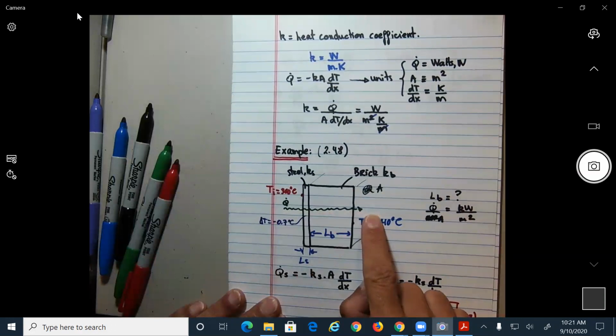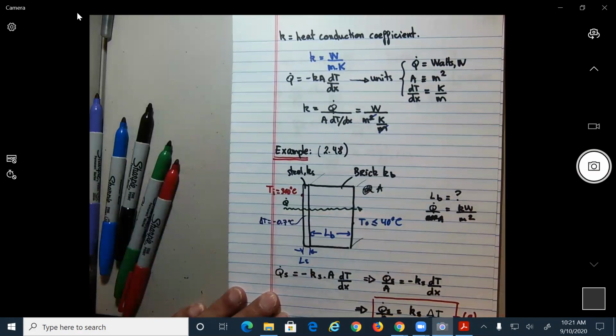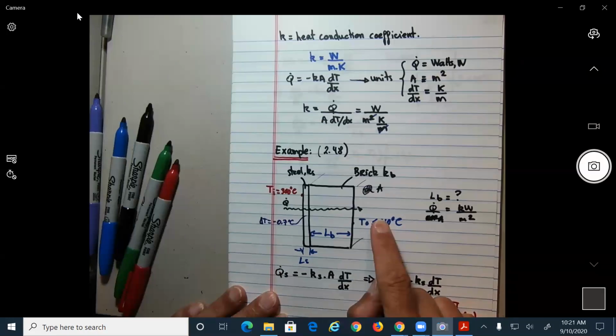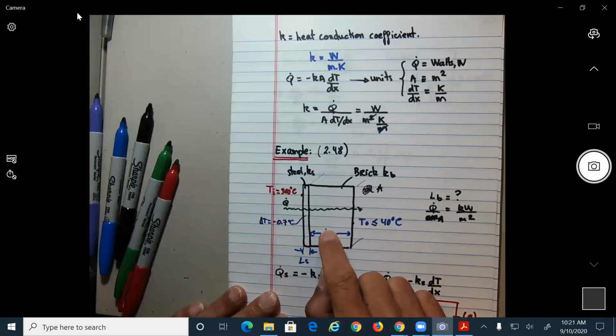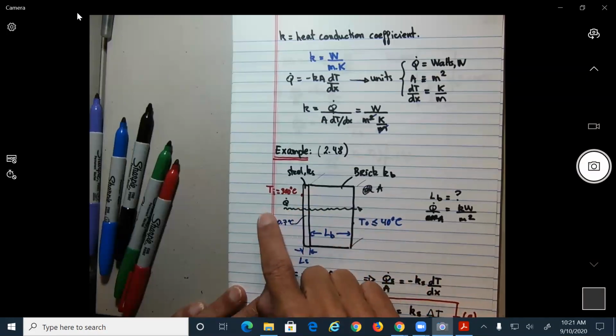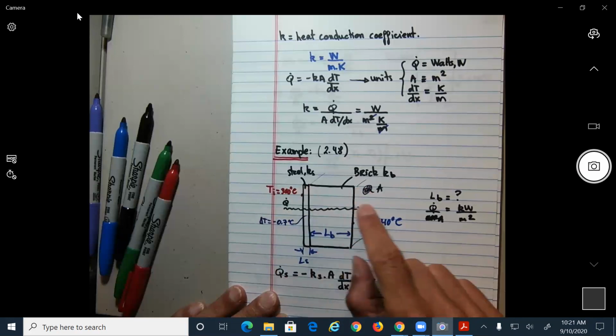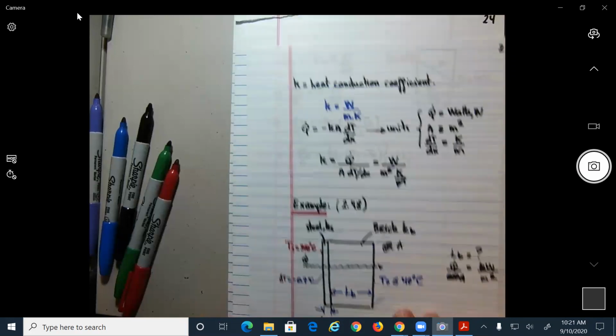Imagine heat transfer is very similar to electrical engineering. It's like if you have a current going through this resistance, that will be steel, and then you have another resistance in series called brick, the amount of electricity going through each one of the resistances will be the same, no? This is exactly the same thing. Think about Q being the current and steel and brick being these two different resistances, okay?